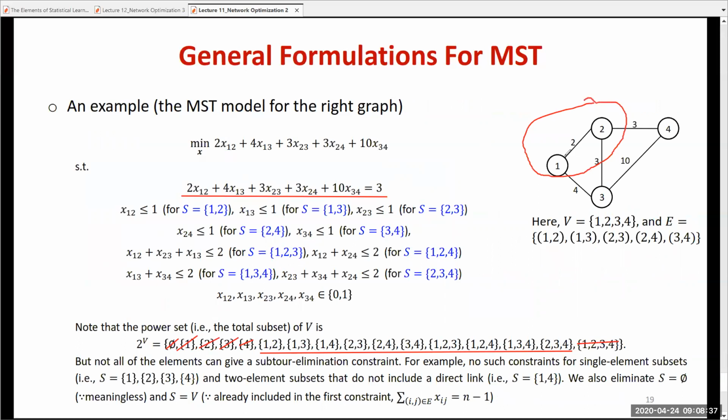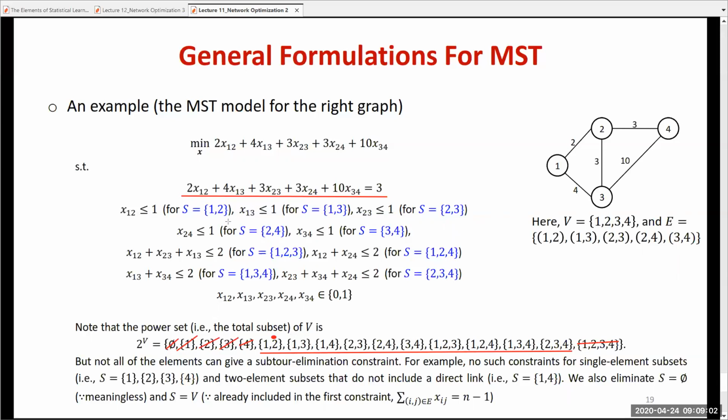For 1, 2, there's only 1 edge included here, which is x1,2. And hence you have x1,2 less than or equal to 1. This is for 1, 2. Let me use a circle to indicate that this one is done.